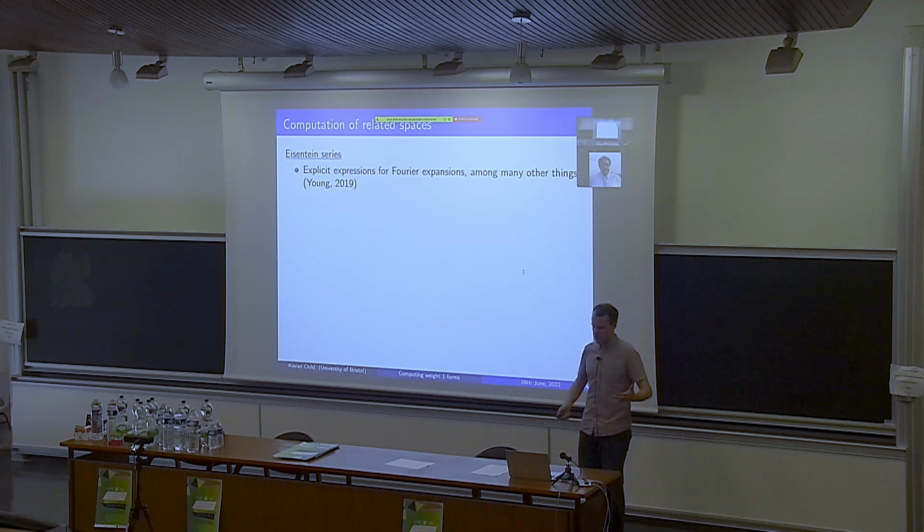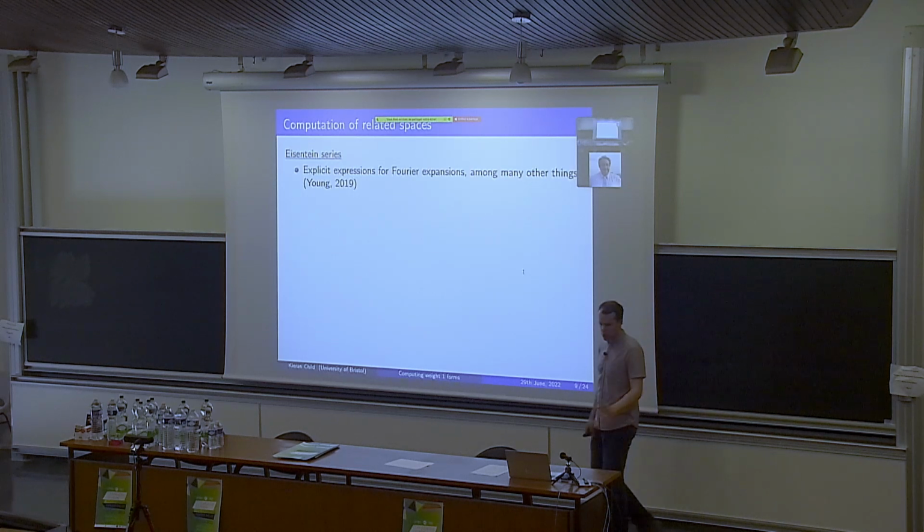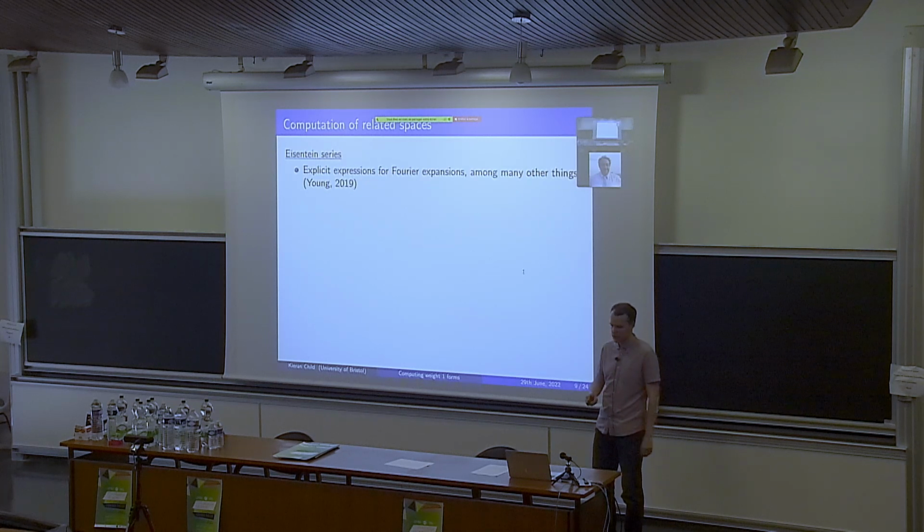All of the names on this are just really good reference points to find great expositions on what we know today. So for Eisenstein series, there's this wonderful paper by Young with Fourier expansions, with basis change formulae, all sorts. We know basically everything that you would want to know about these Eisenstein series computations.